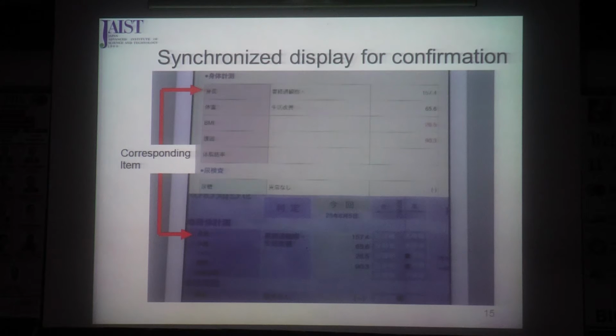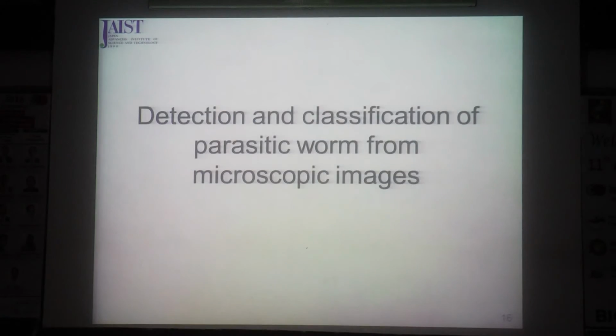By doing this, it is very easy to confirm whether the result of character recognition is correct or not. This part and this part are scrolled by a hand gesture in a synchronized way, so that the user can confirm the correspondence easily.